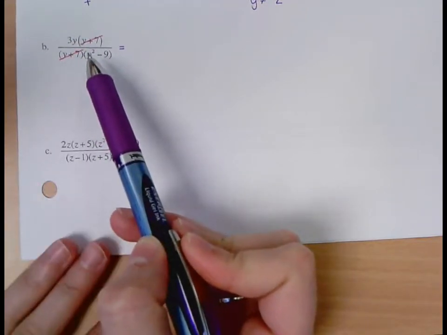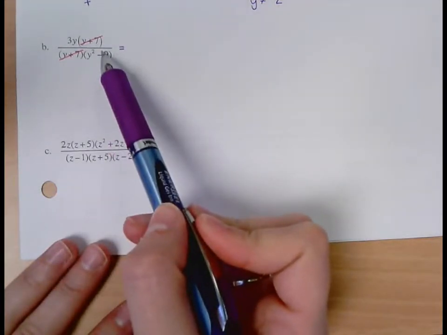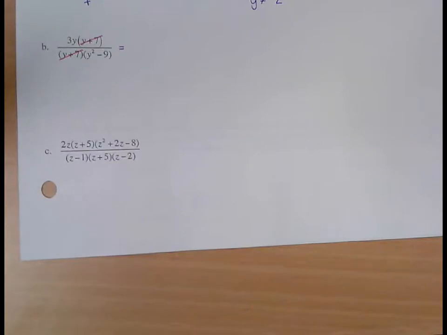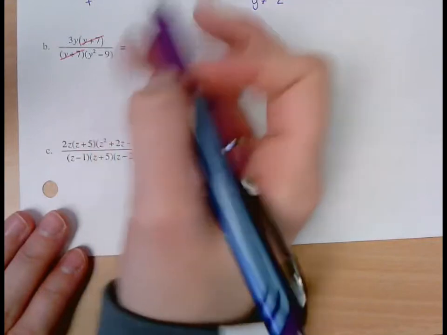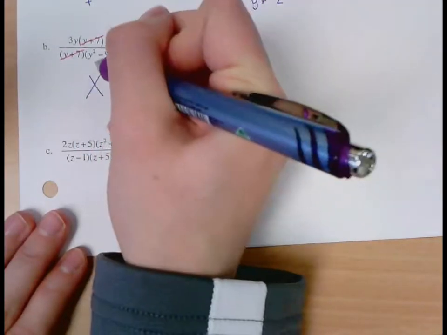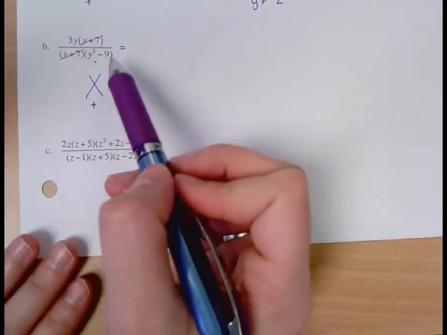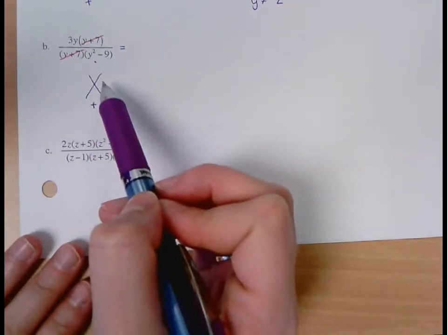That y squared is a hint to me that I could possibly factor this. How do you factor y squared minus 9? Well, I guess you could set up a diamond for this. This is a special type I'm going to tell you about, but I do want to show you could set up a diamond for this.